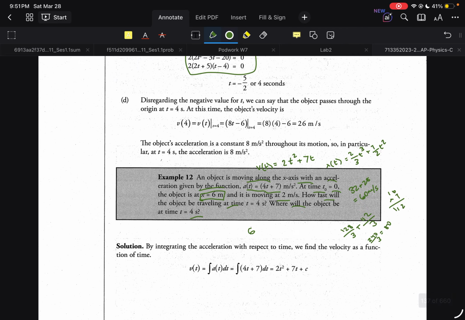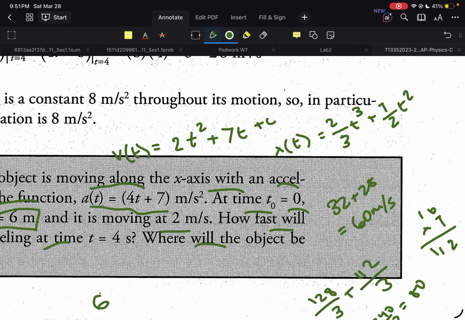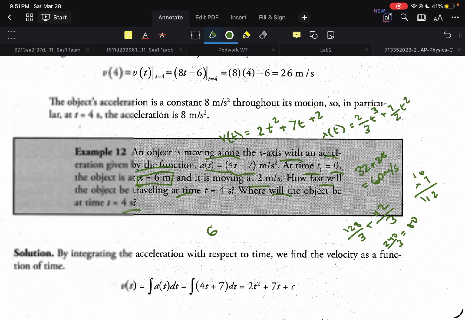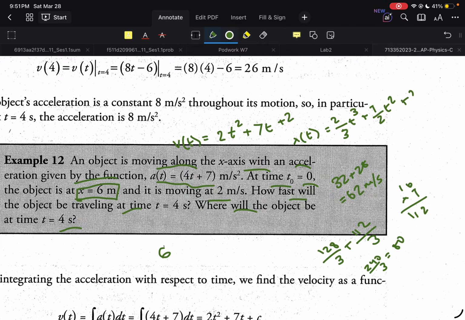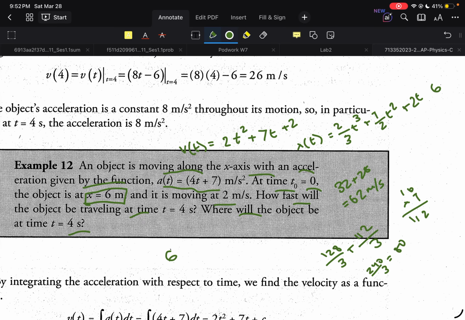Oh. See, we're almost there, but we got one factor wrong. We forgot that we always have to add a c factor. Then we set it equal to 0. And at t equals 0, we know that is 2, because we add a 2 over here. That's just my fault, guys. But this should be 62 then. And because of that, this is 2 plus c. And we know at time 0, it's at 6. We add a 6 here, and then all we do is add 4, right? 8 plus 6.